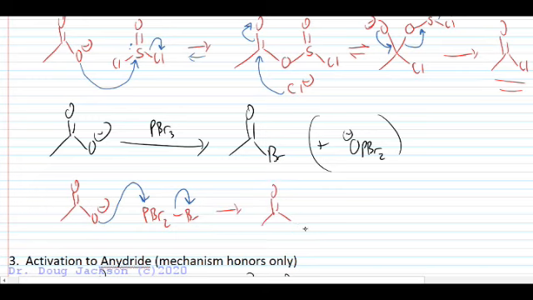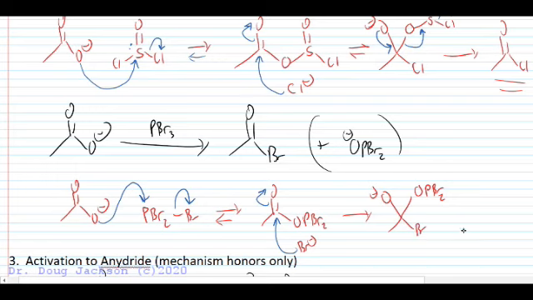And then we have O-PBr2. Bromide comes back around, makes a tetrahedral intermediate. Again, we're reversible at this point. Still reversible because bromide's a good leaving group. But an even better leaving group, and one that won't come back to bother us, is OPBr2.